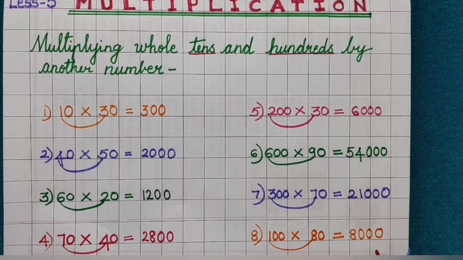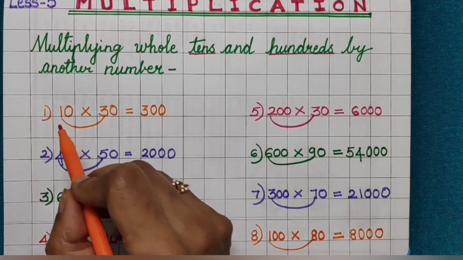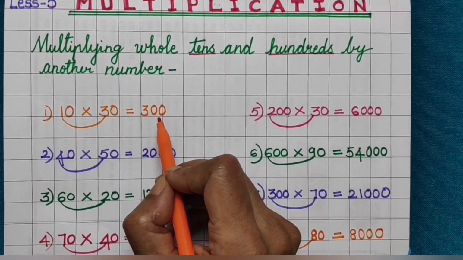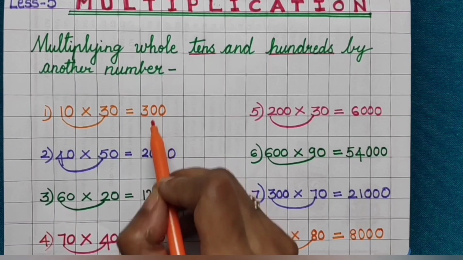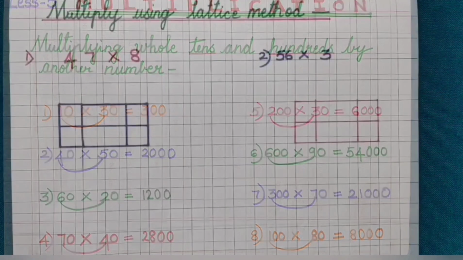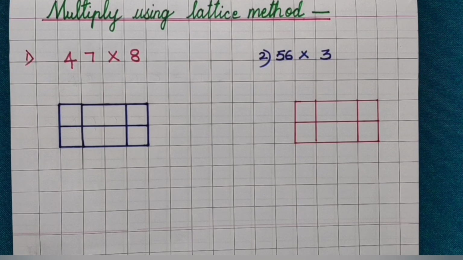So when you are multiplying whole tens and hundreds by another number, we will first multiply the numericals and then we will add the number of zeros. So once you have learned this, children, let's continue with multiplying 2-digit by 2-digit numbers and 3-digit by 2-digit numbers. Now let's learn to multiply using the lattice method.